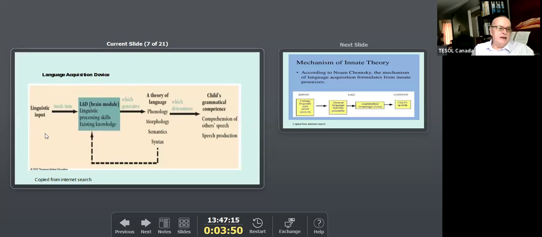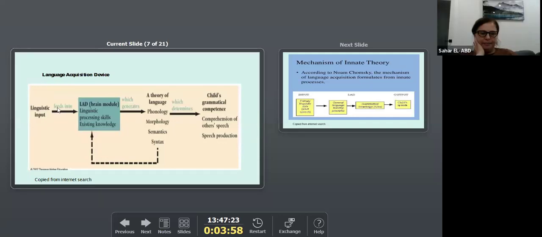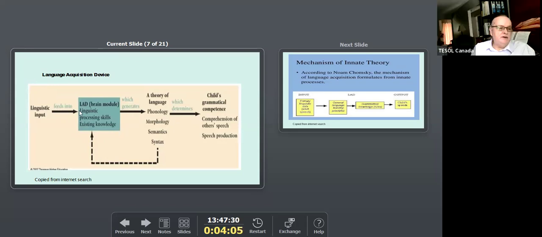So with this language acquisition device, there is linguistic input, the brain, and these feed into the language acquisition device, the brain module for linguistic processing skills combined with existing knowledge.